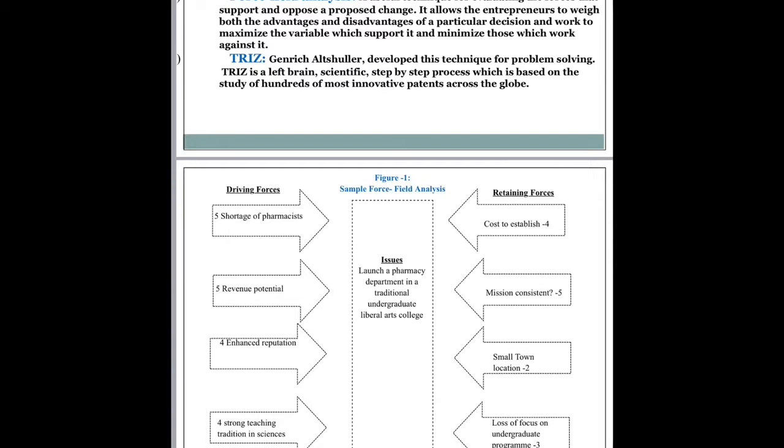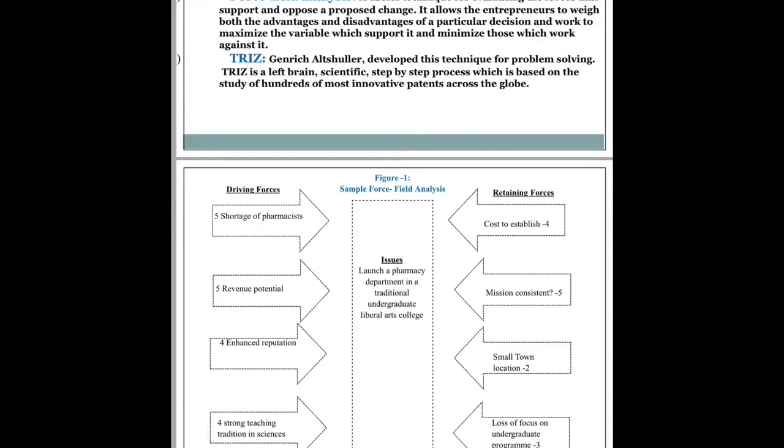What we see is that there are 5 points in the driving forces which say that there is a shortage of pharmacists, so we must go for making a pharmacy department in our existing college. Another 5 points go in favor of the revenue potential because there aren't enough pharmacists, so the revenue potential is also very high. Fourth, that will increase the college reputation.